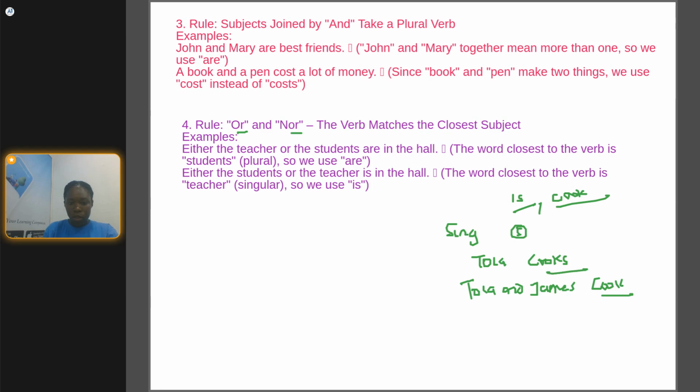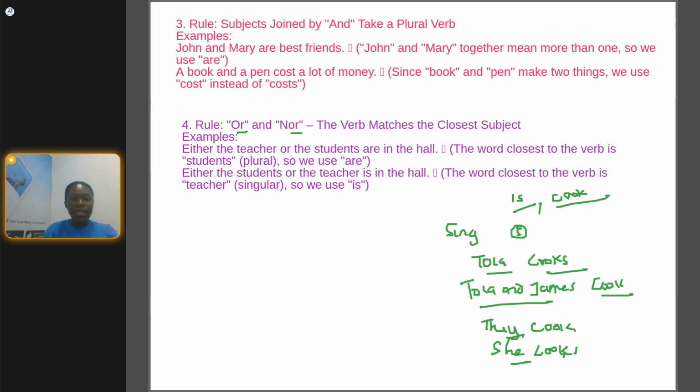Okay, so the subject here is plural. You are not adding S to your verb. The subject here is singular. You are adding S to your verb. The same way you can say they cook. She cooks. So she here is singular. They here is plural. Because they is plural, you are not adding S to your cook. Because she is singular, you are adding S to your cook.